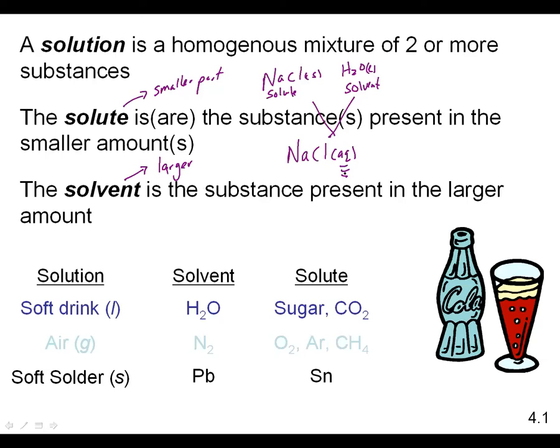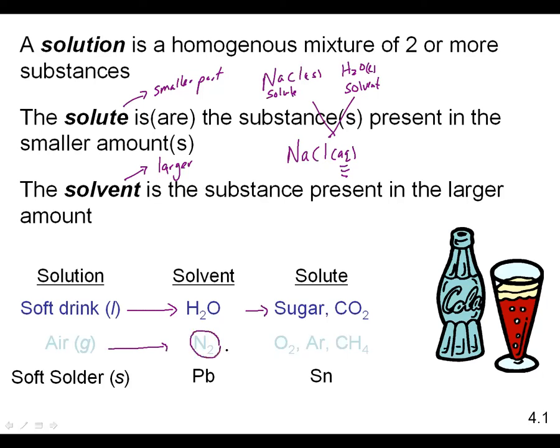Not all solutions necessarily have to be sort of liquid. They could have gas and solids. So here's some examples of things that we might not think of as solutions, but for example, soft drink we do. The major component of the soft drink, like a soda, is water. It has sugar and other things dissolved in there depending on what soft drink you're drinking. Air is also sometimes referred to as a solution since nitrogen is the major gas in air.